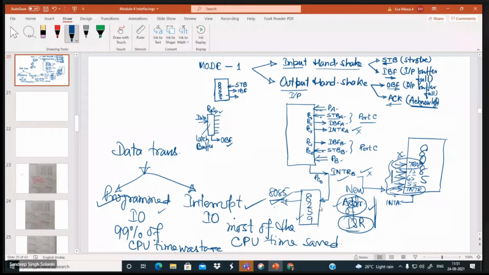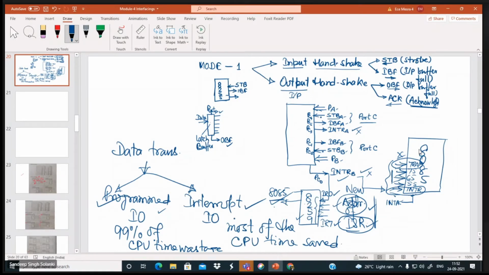And when you go for this interrupt controller, you find that there is not only one INTR available, you have 8 INTRs, named IR0 to IR7. They are all prioritized, and based on their priorities, the address will be sent to 8085, and accordingly the ISR will be executed.